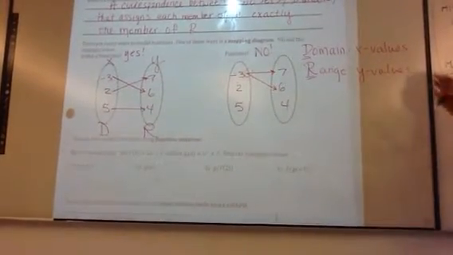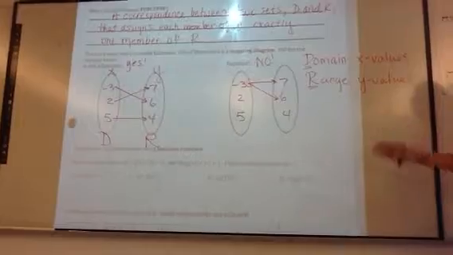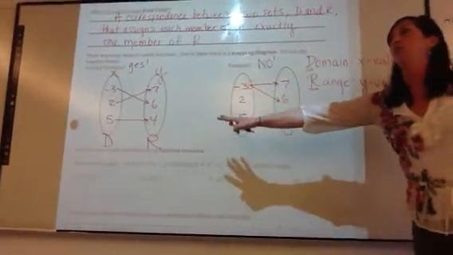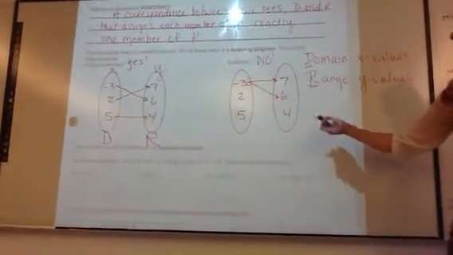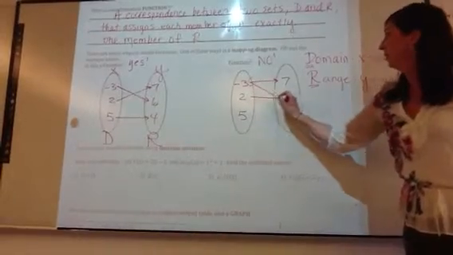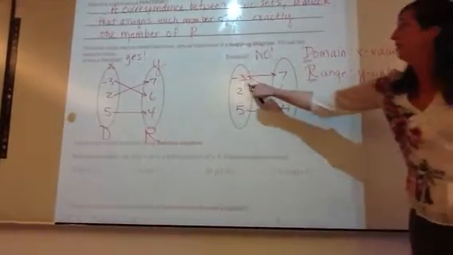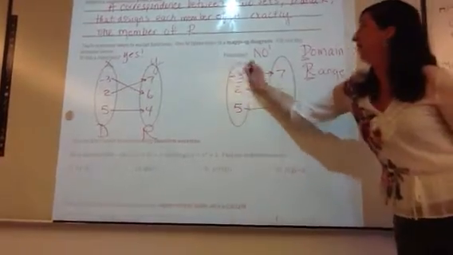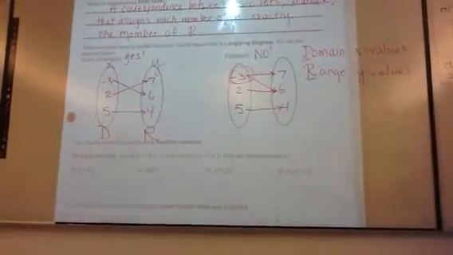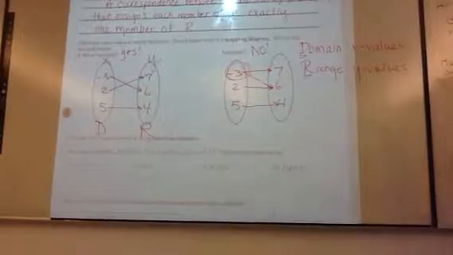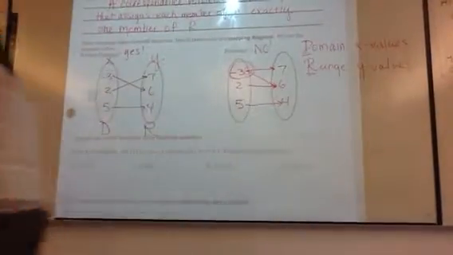So what you guys really need to remember is what makes something a function and what makes something not a function. From there, if I was to say, all right, that goes to the 6, that goes to the 4, I'd be okay. But this matter right here of assigning that input value more than one output value, I'm in trouble.